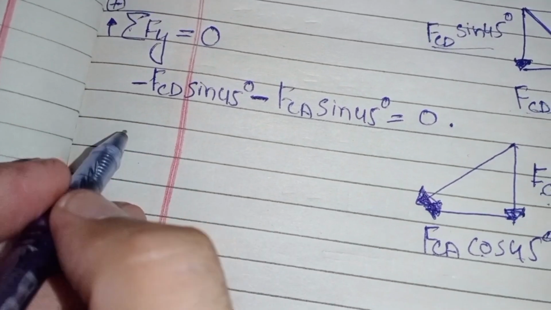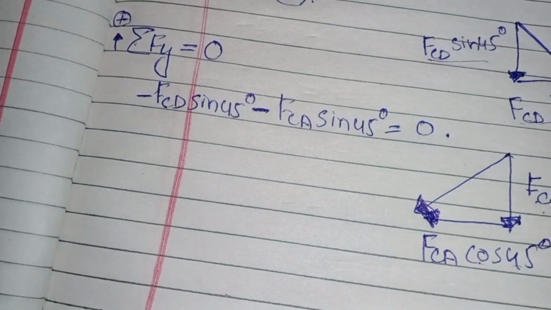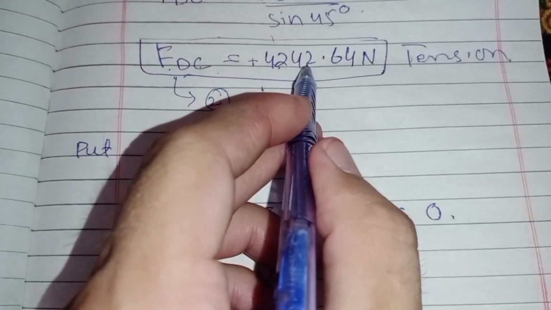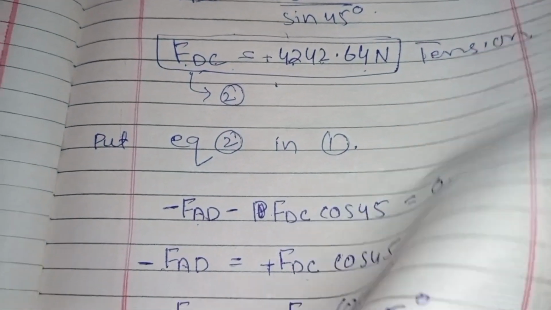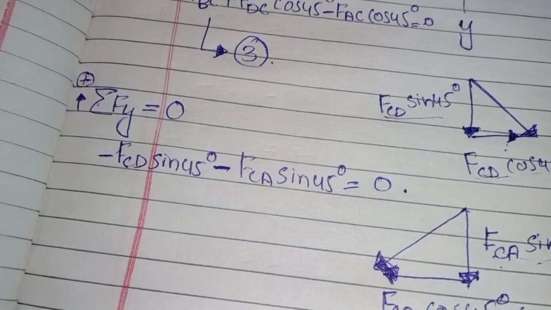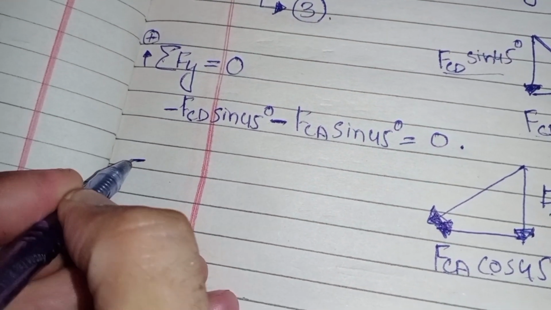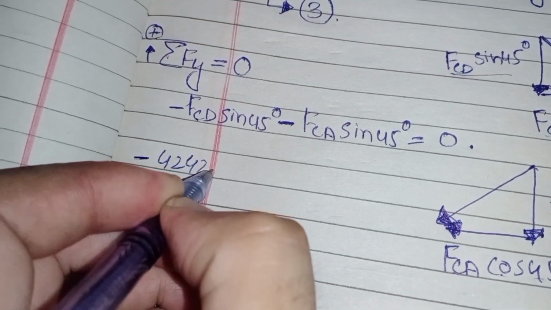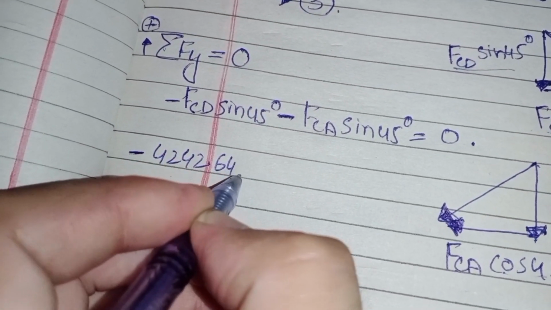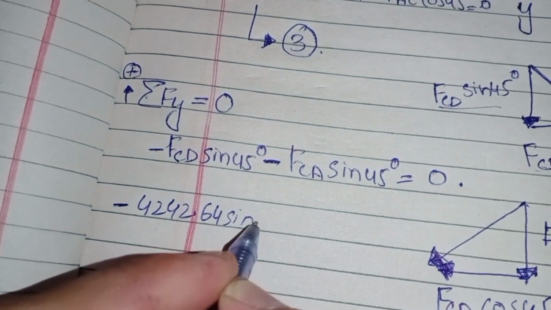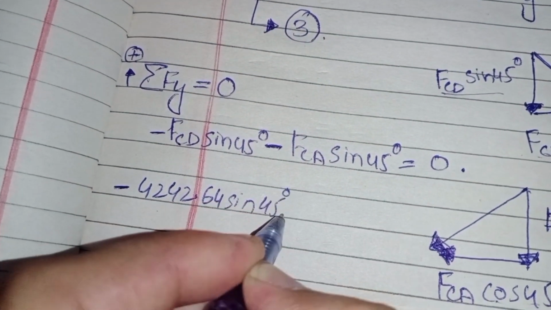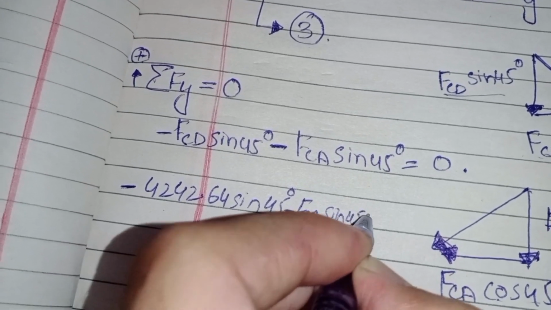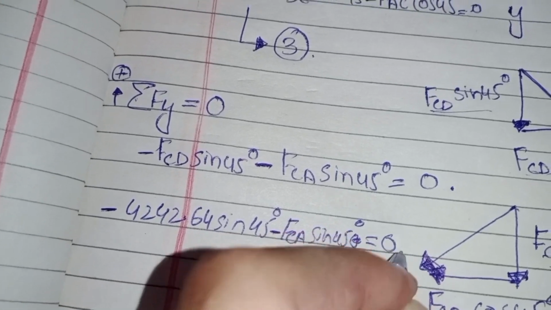Now FCD, we calculated that FCD or FDC is 4242.64 Newton. So in place of FCD I write minus 4242.64 sin 45 minus FCA sin 45 equal to 0.